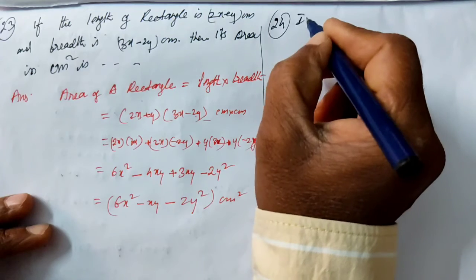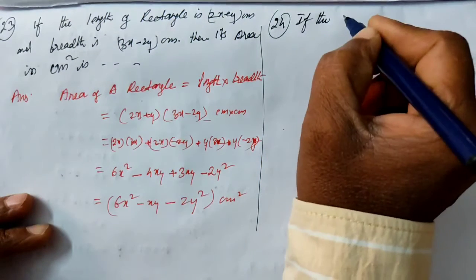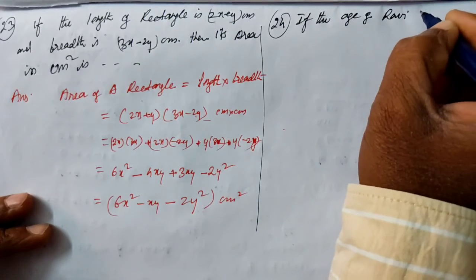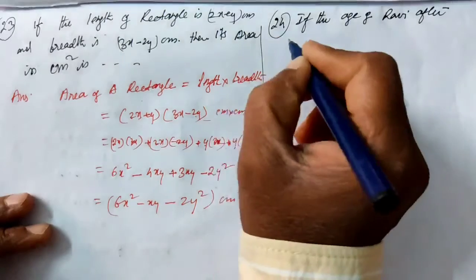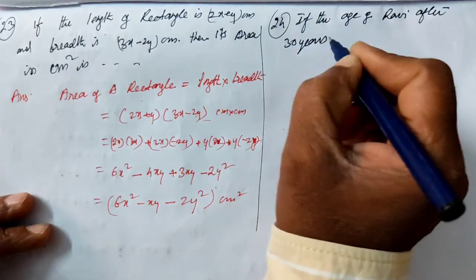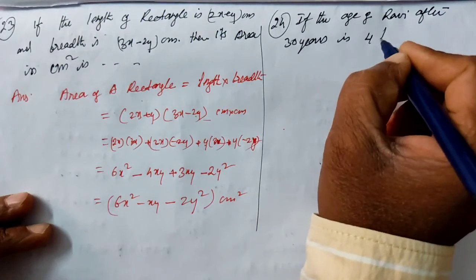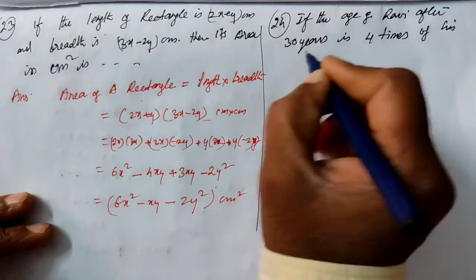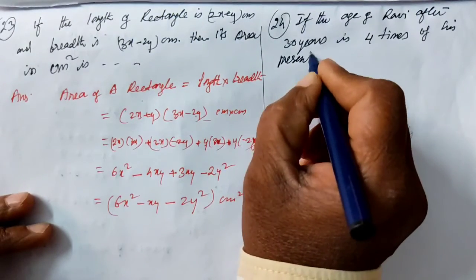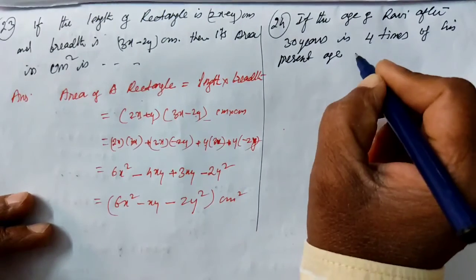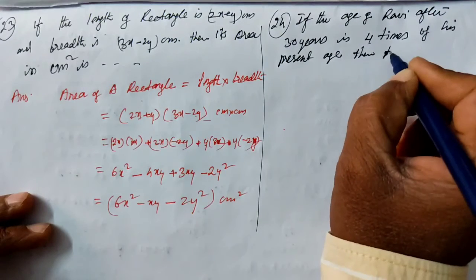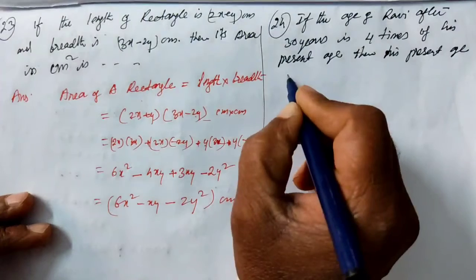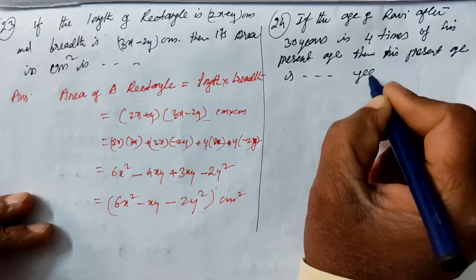24th question. If the age of Ravi after 30 years is 4 times of his present age, then present age is dash years.